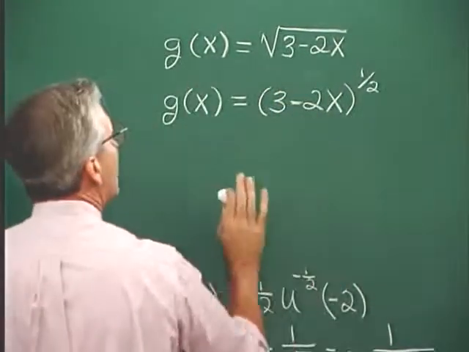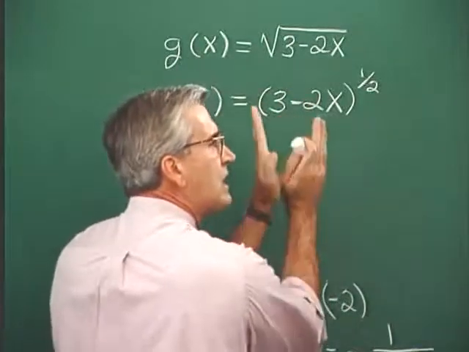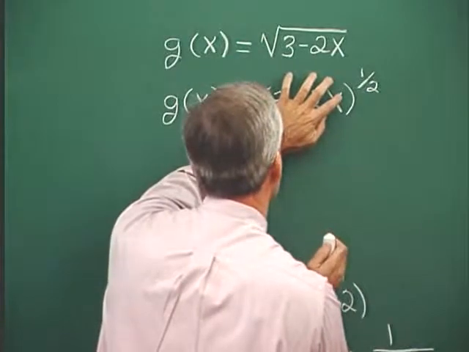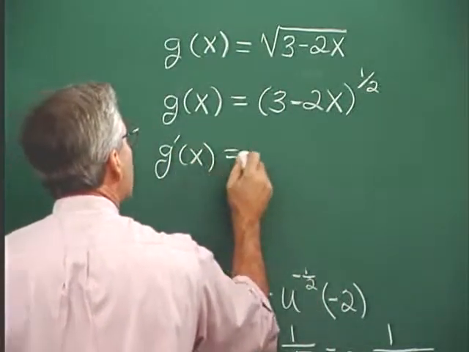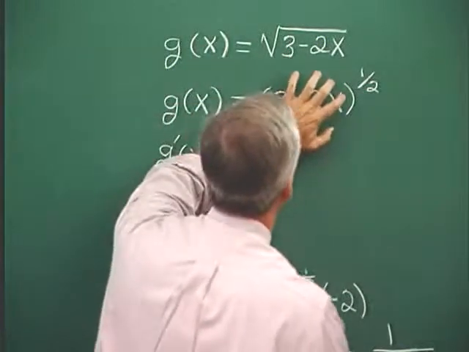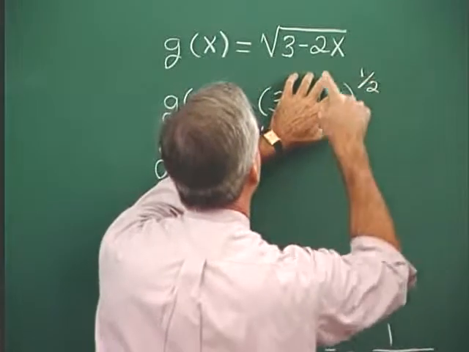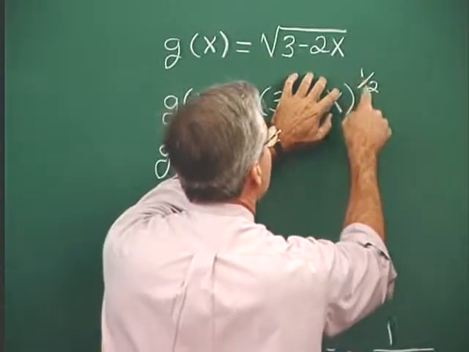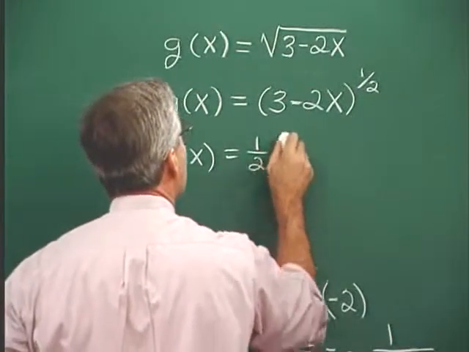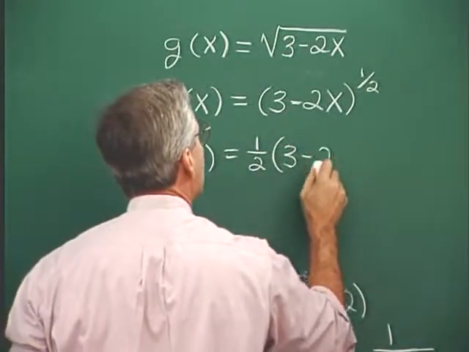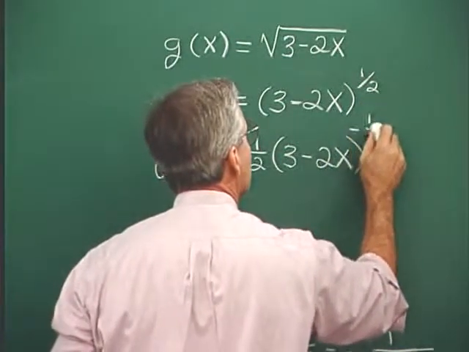If we're letting one unit, one idea, one letter stand in for this, then think about the derivative as, take the derivative in terms of this single entity. So it's 1/2 times single entity to an exponent which is 1 less than this.